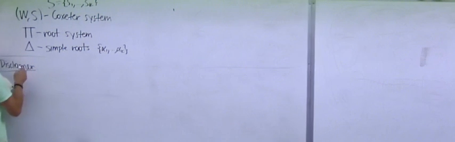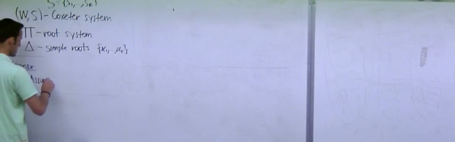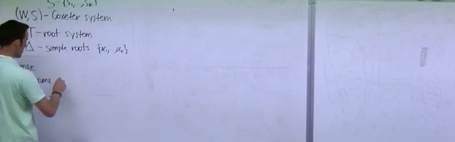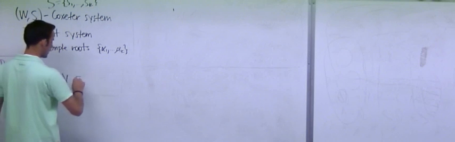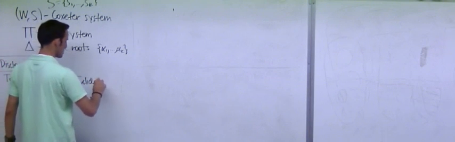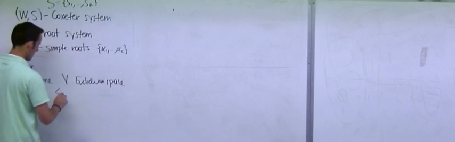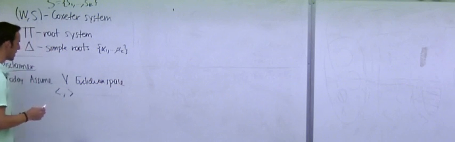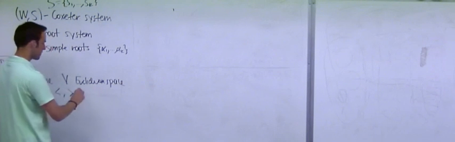So today, we're going to assume that my picture is Euclidean, meaning that V is Euclidean space, and my linear form is exactly the inner product in Euclidean space, okay? Dot product.